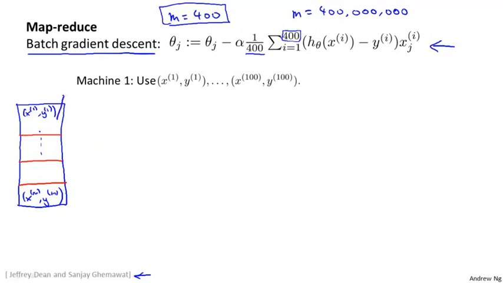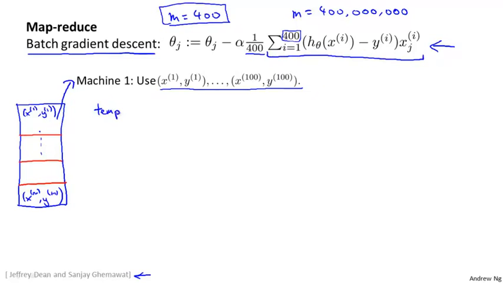What the first of my 4 machines is going to do, say, is use just the first quarter of my training set, so just the first 100 training examples. In particular, it's going to look at this summation and compute that summation for just the first 100 training examples. So let me write that out.